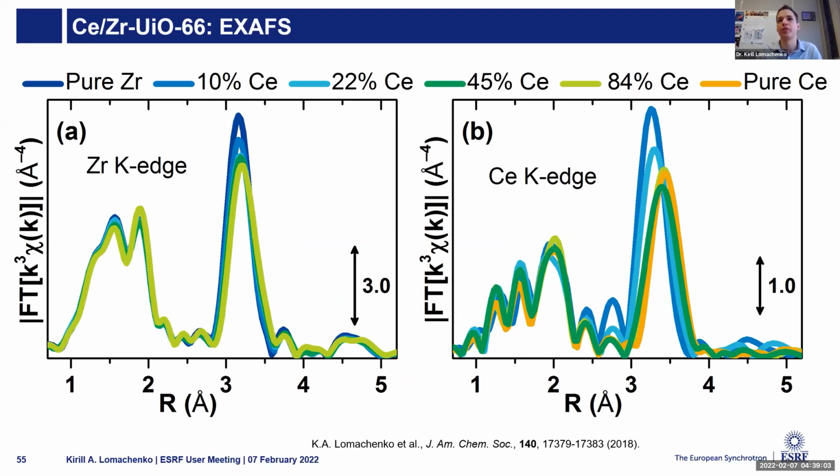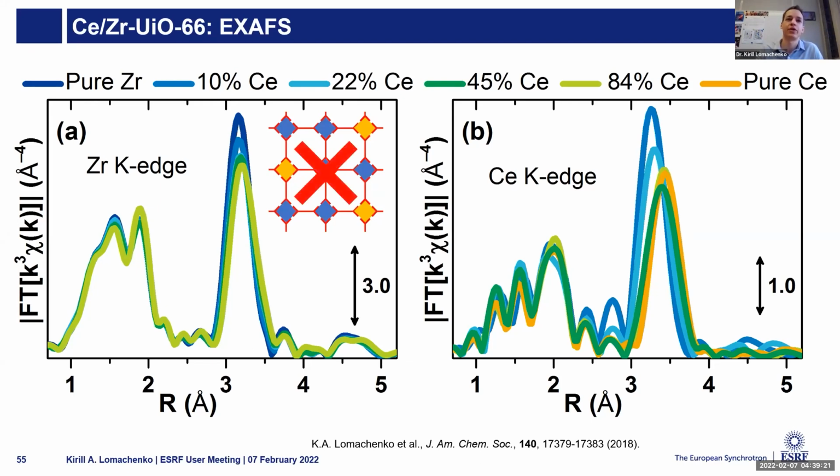These are the Fourier transform EXAFS data on zirconium and cerium K edges for 6 different samples, 2 pure ones and 4 mixed metal ones. And already just looking at this data without any analysis, it's clear that this scenario does not work, because the spectra are different.